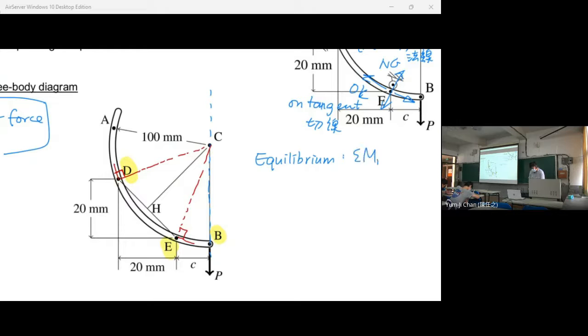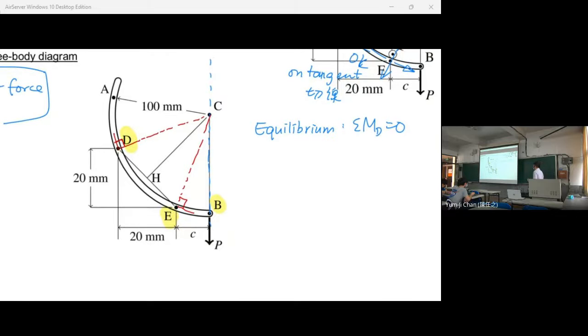If MD equals 0, this goes clockwise, and the force at E only goes either here or there.